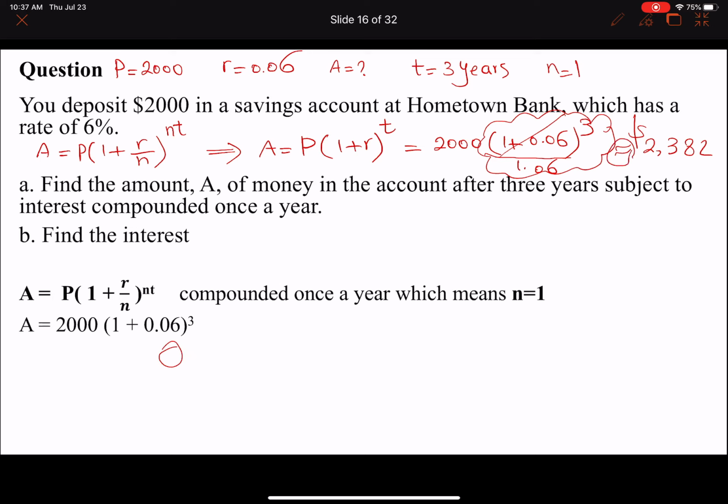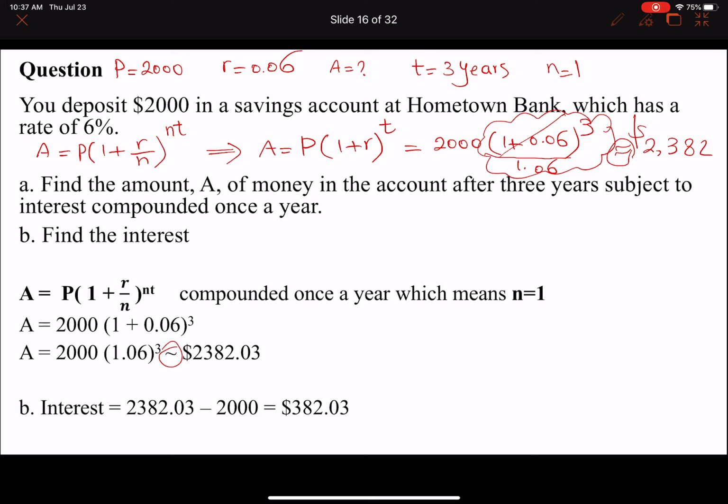If you want to put equal, that's fine. I just want to show that that's approximate. Now part B, it says what is the interest? So guys, we always know that interest is the difference between future value and your present value, because future value is principal plus interest.